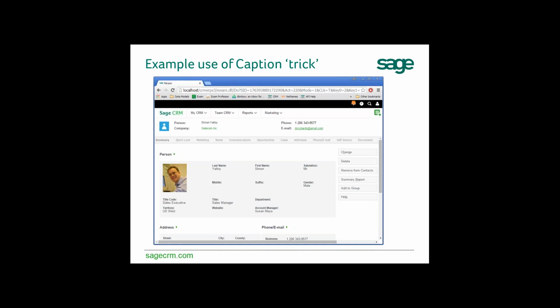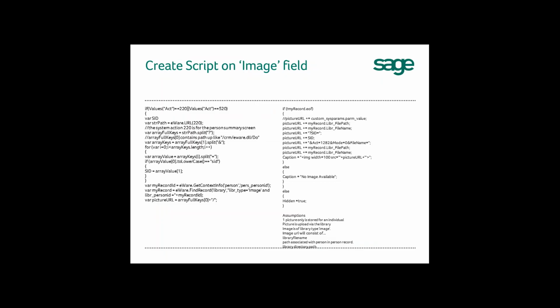Goodness, that's too young for anyone. And that is the idea of using the caption trick again to reference the documents and to pick up an image that is stored in the documents and then translating that into a path that is rendered within the interface.